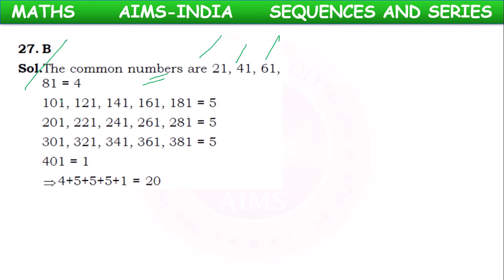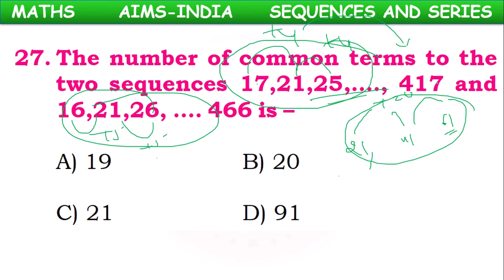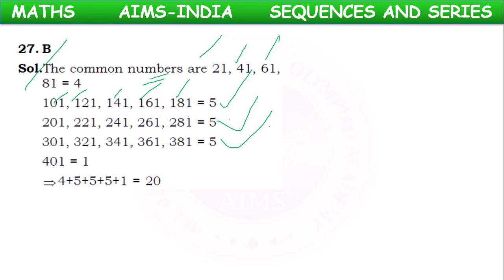From 100 to 200: 101, 121, 141, 161, 181, 5 terms. Next 5 terms, next 5 terms. But here this sequence is up to 417 only, and the other is up to 466. So here only 401 will be common.